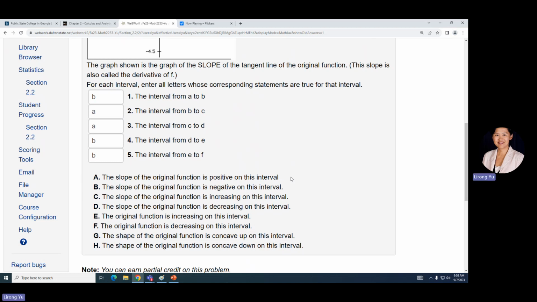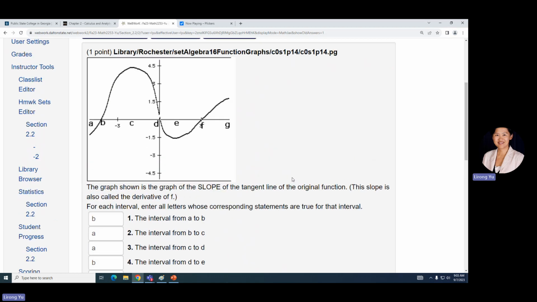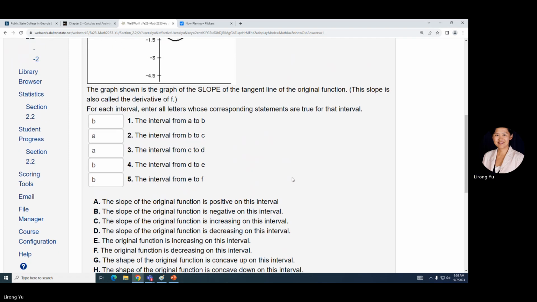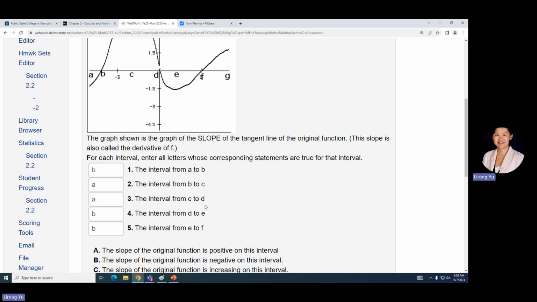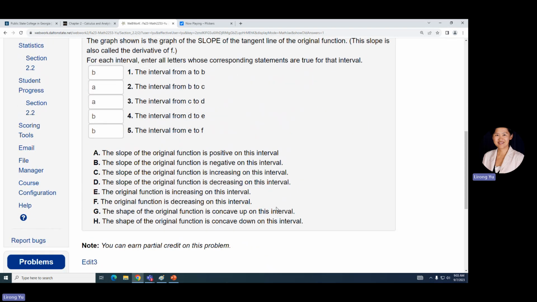So that's why I'm trying to assign negative, positive to it. So this is negative, positive, positive, negative, negative, positive. And so there will be B, A, A, B, B, and A. We don't have F to G, so it's just A to B, B to C, C to D. Any questions? Are you okay?